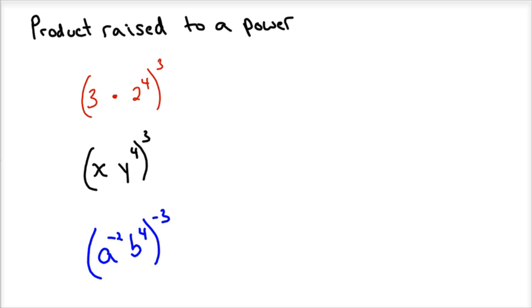Another example. A product raised to a power. So I have two numbers inside my parentheses being multiplied. There's my product. Now the product of 3 times 2 to the 4th power is raised to the 3rd power. So that's the product raised to the 3rd power.